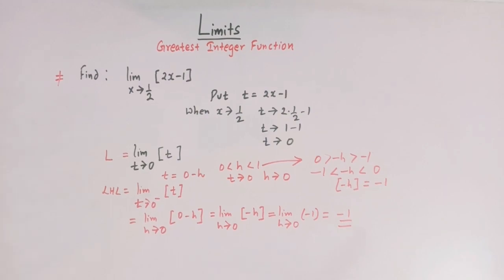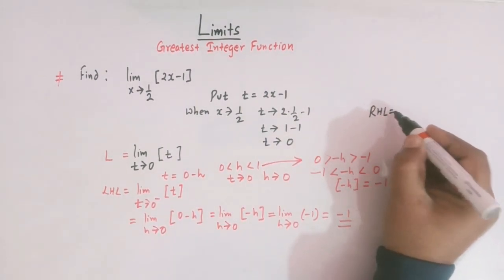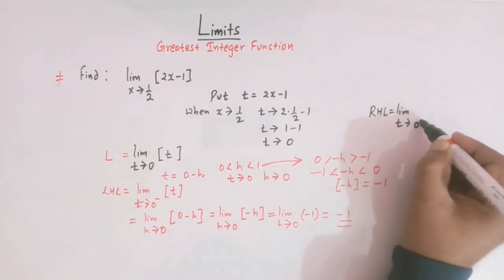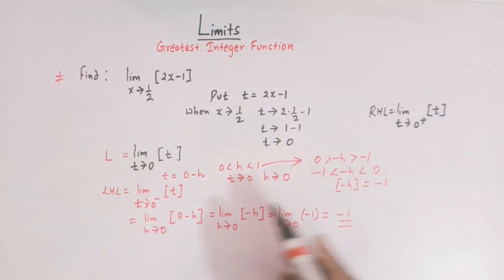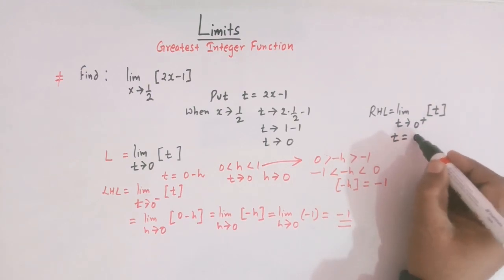Now let us find the right hand limit. The right hand limit can be given as the limit as t tends to 0 plus of the greatest integer of t. Again we take t equal to 0 plus h.